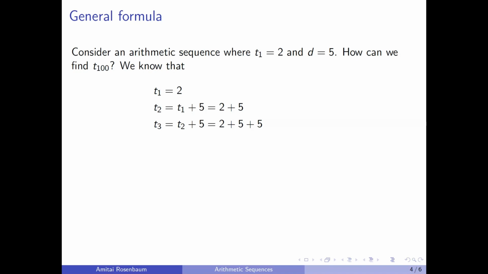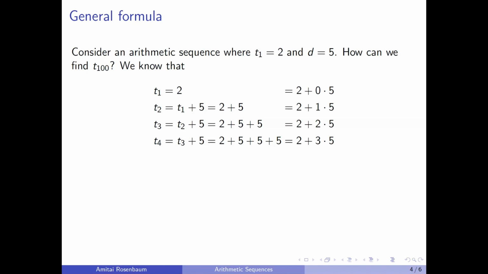Okay, maybe you can see where this is going. For T4, we do the same thing again. It's 2 plus 5 plus 5 plus 5. So you've got 3 5s. And yeah, you could probably see now what T5 is going to be. We're just going to add on another 5, right? We can write it out a bit nicer in this form.